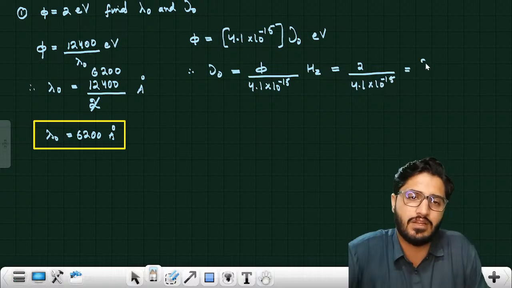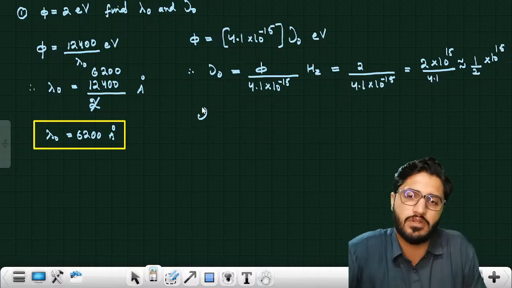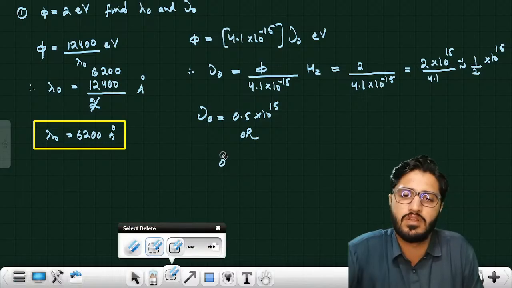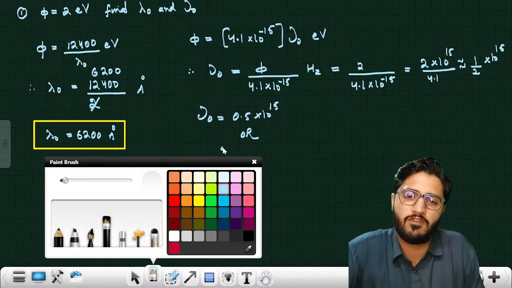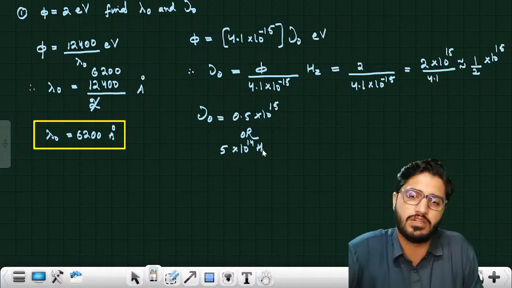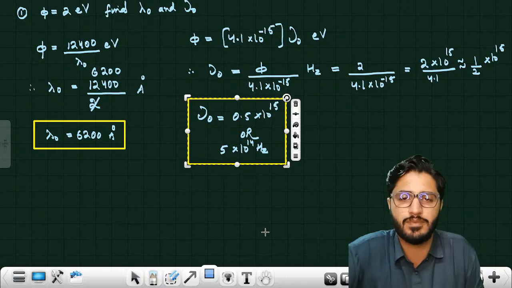I will write it as 2 times 10 to the power plus 15 divided by 4.1. I will take it as approximately 4. 2 by 4, 1 by 2. It is 1 by 2 times 10 to the power 15. So that means nu naught is equal to 0.5 times 10 to the power 15, or I can write it as 5 times 10 to the power 14 hertz. This is my second answer.